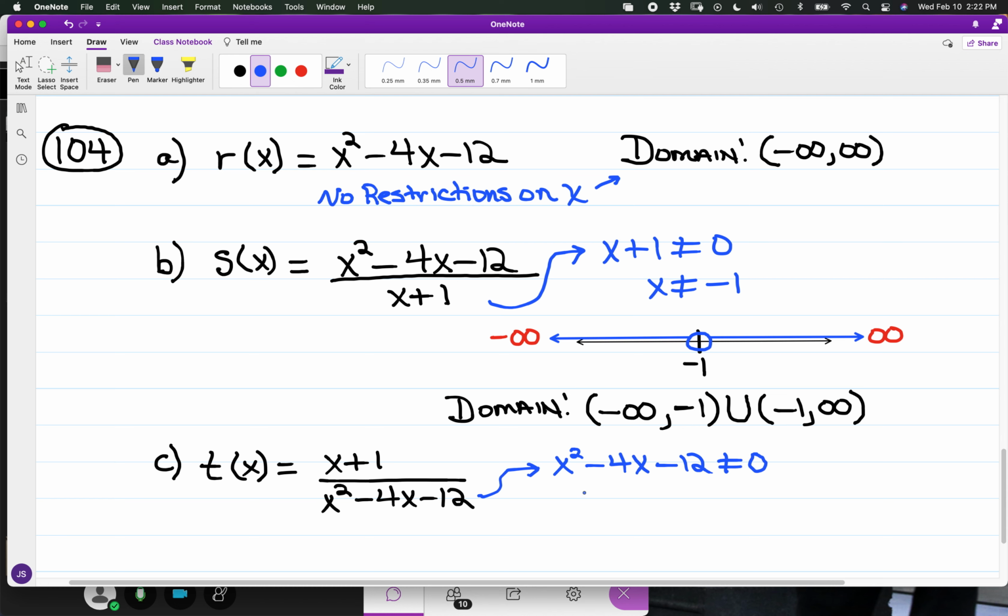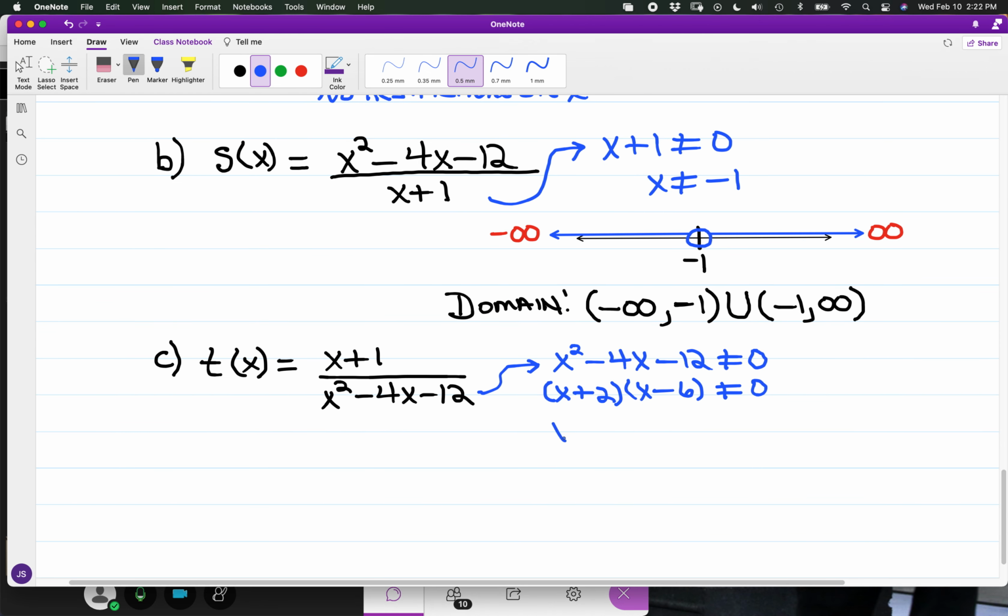So with x squared minus 4x minus 12 disallowed from being 0, the factors that form this trinomial cannot be equal to 0 either. We have the quantity x plus 2 and the quantity x minus 6, neither of which can be 0.